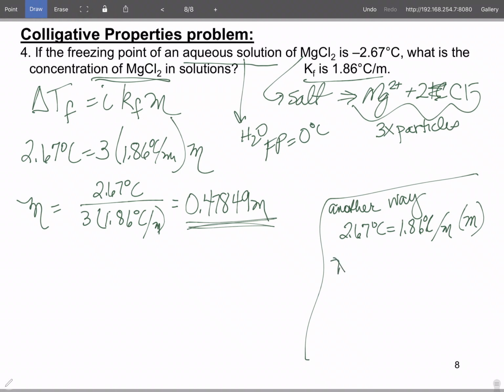So in this case, your molality comes out equal to 1.4355 molal. But you know that you have 3 particles. So you'll end up with 0.47849 molar. So it doesn't matter which way you do it, as long as you remember to take into account the fact that this is not a molecular compound and it is going to dissociate into a variety of particles, and in this case the number of particles is 3.